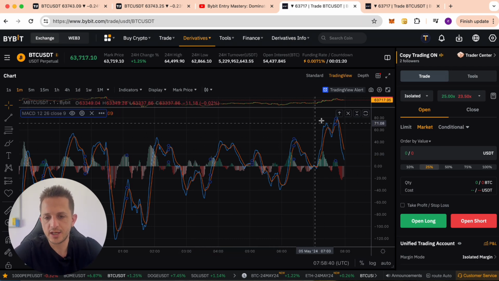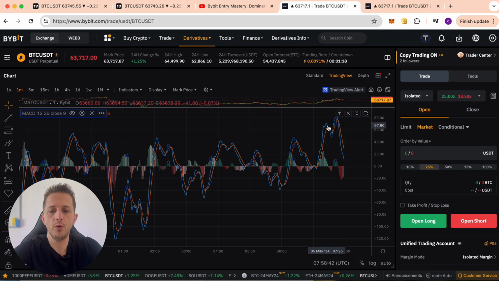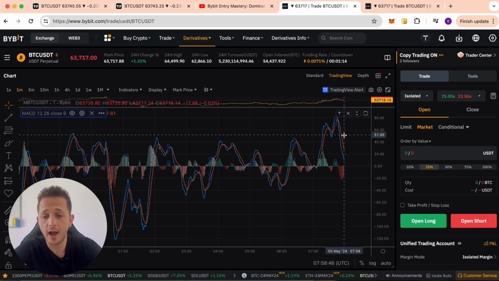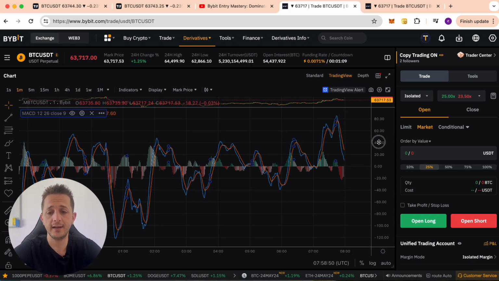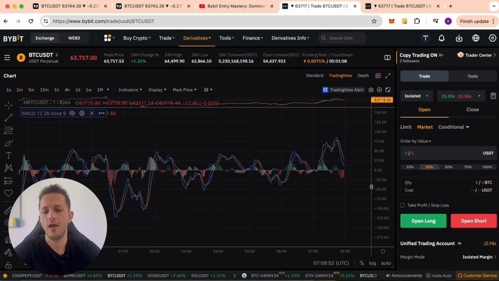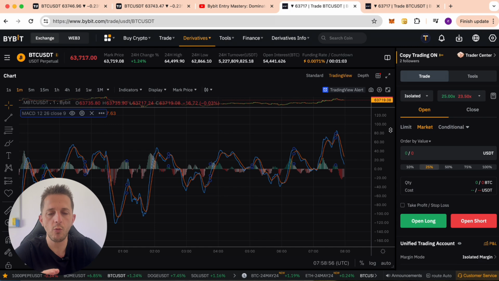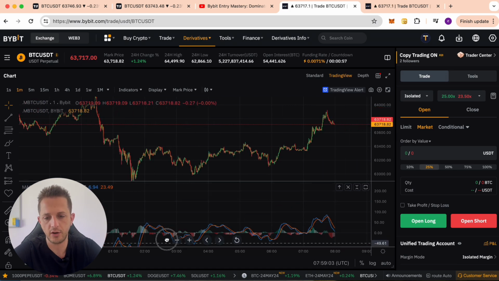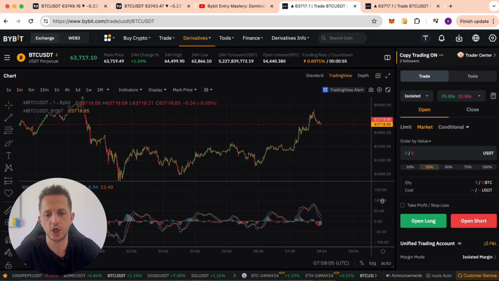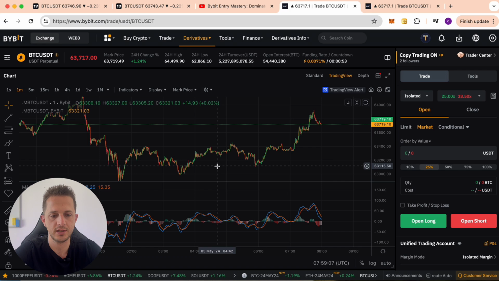And of these two lines, the blue line is the moving average line, and the orange line is the trigger. The orange line is basically the line that will give us the signal to enter a trade. So it's very easy. We will work only with this indicator, and trust me, you can do it very easily. After you watch this video, you can immediately jump on the chart and apply this strategy.